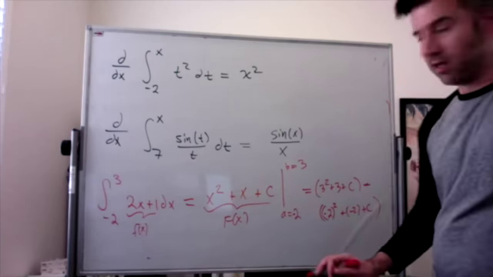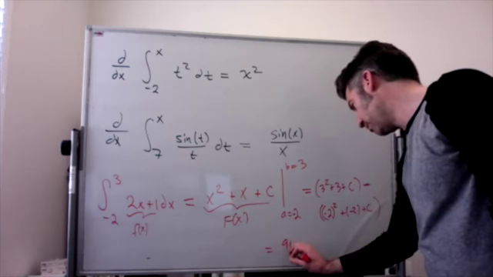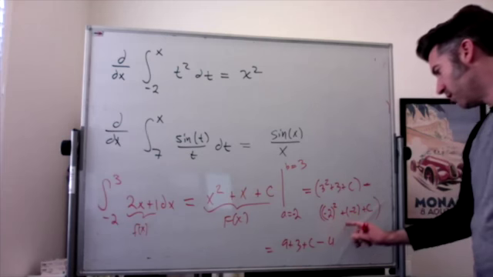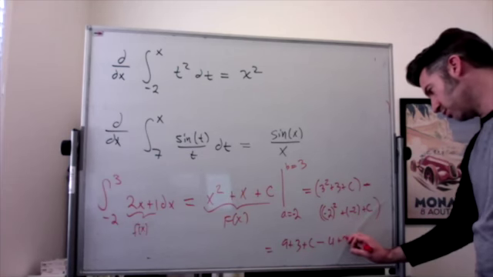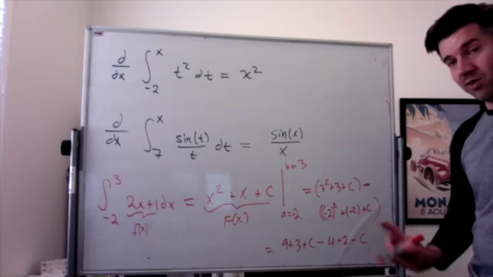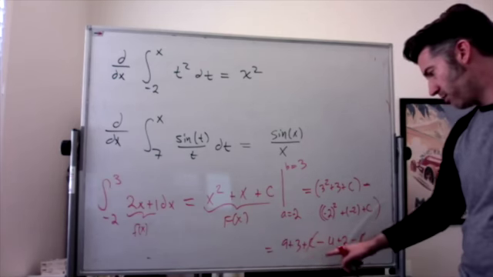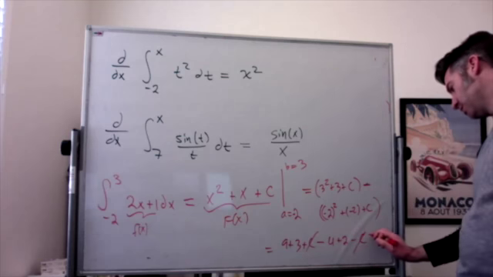And look at what I get. I get 9 plus 3 plus c minus 4 minus a minus -2 is plus 2 minus c. Notice that the c's cancel. So I end up with 12 minus 4 is 8 plus 2 is 10.